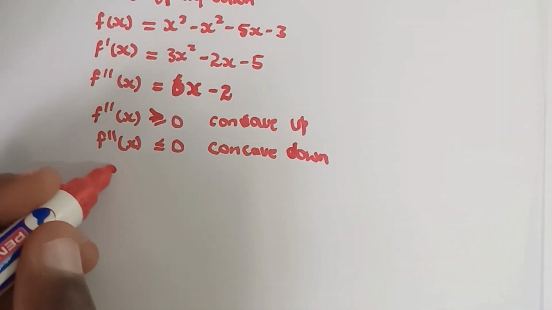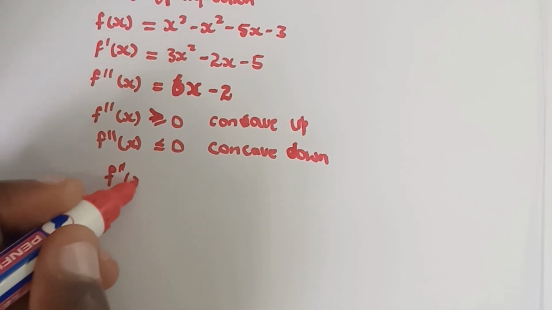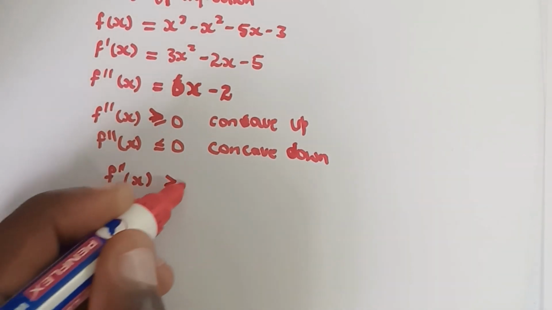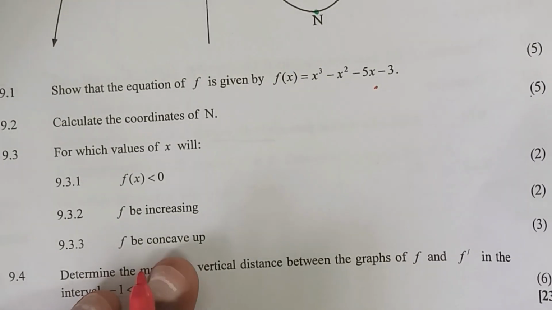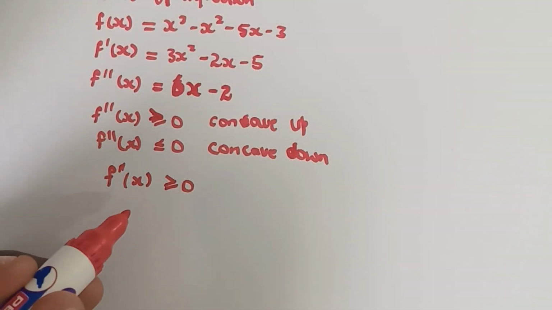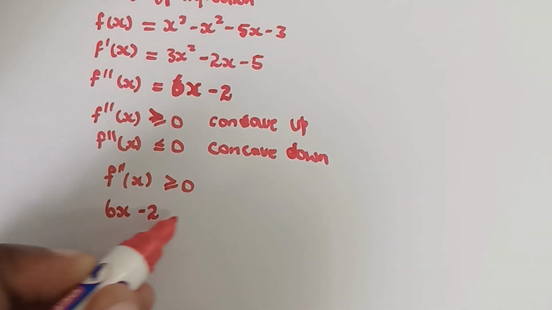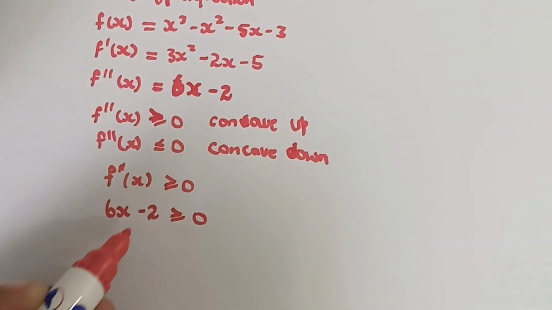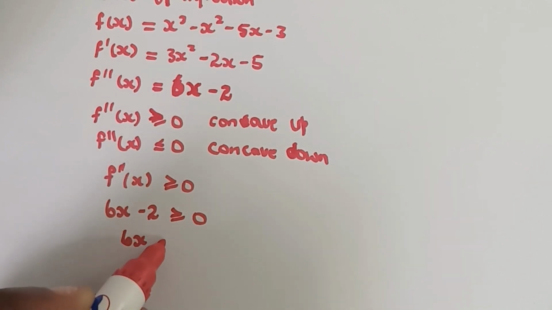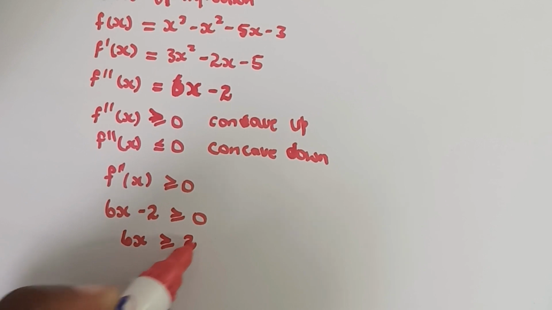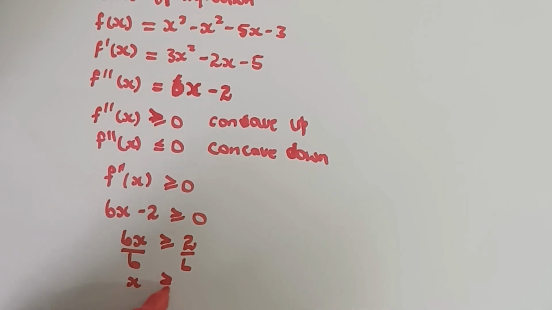Now we say f prime prime of x should be greater than 0 because our question says concave up, and then we say 6x minus 2 is greater than or equal to 0, and then we transpose this 2 to the other side and we say 6x is greater than or equal to positive 2, and then we divide by 6, and we get x greater than or equal to 1 over 3.